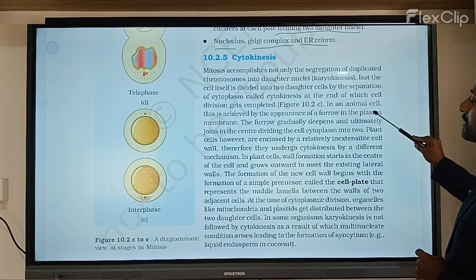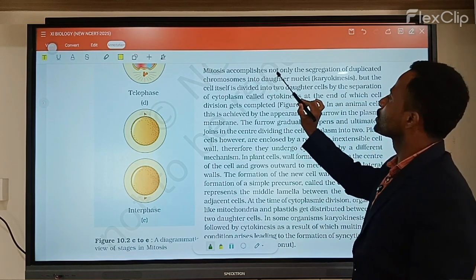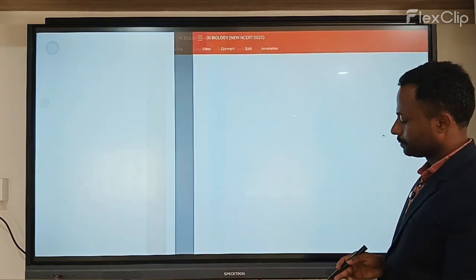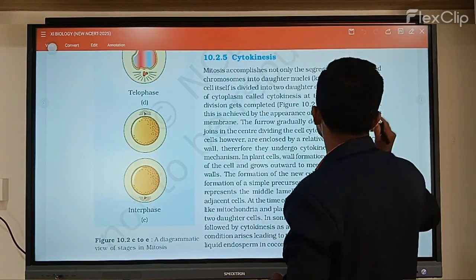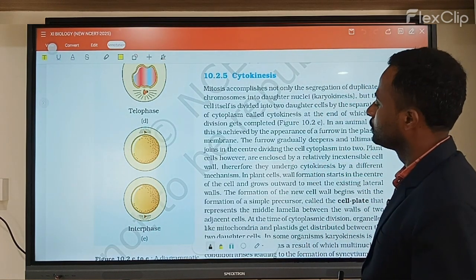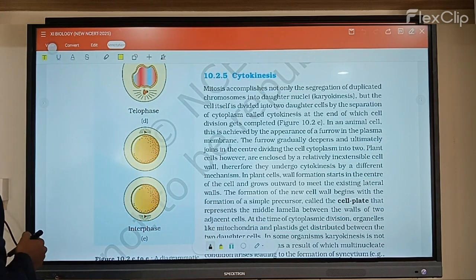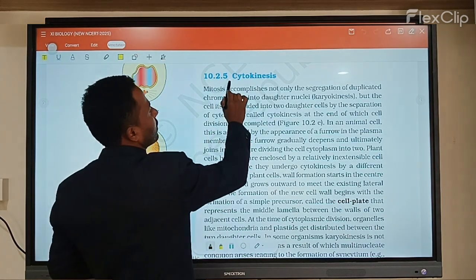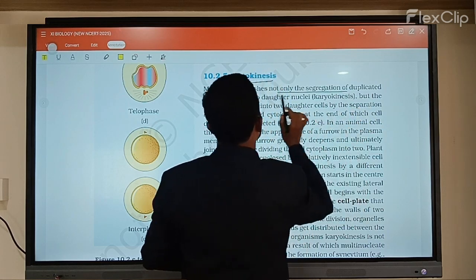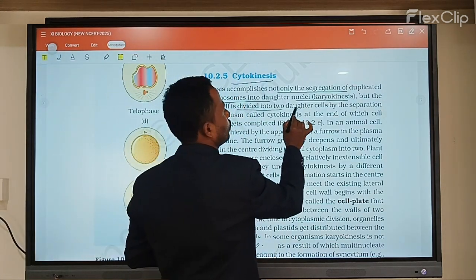Now, what is cytokinesis? Mitosis accomplishes not only the segregation of duplicated chromosomes into daughter nuclei; the cell is also divided into two daughter cells by separation of the cytoplasm.